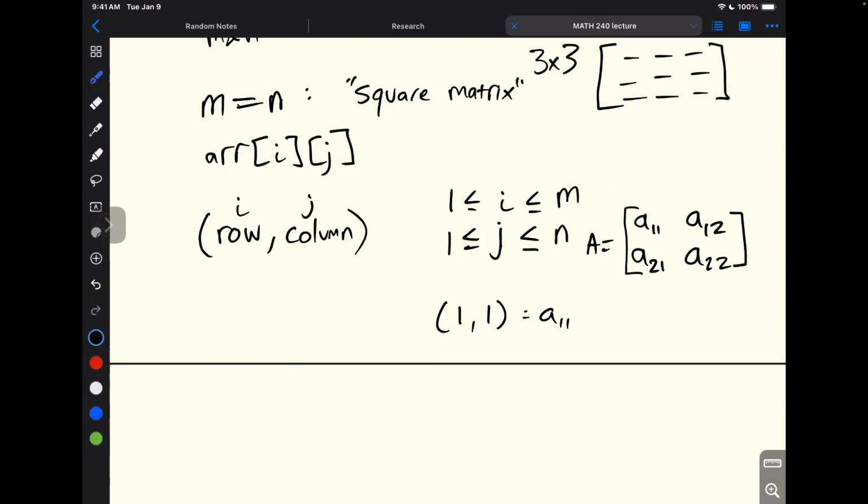If we've got a little letter to represent that item in the matrix, with I and J, we write A, I, J, right next to each other. No commas needed when we're doing this sort of shorthand. Row comes first, column comes second.